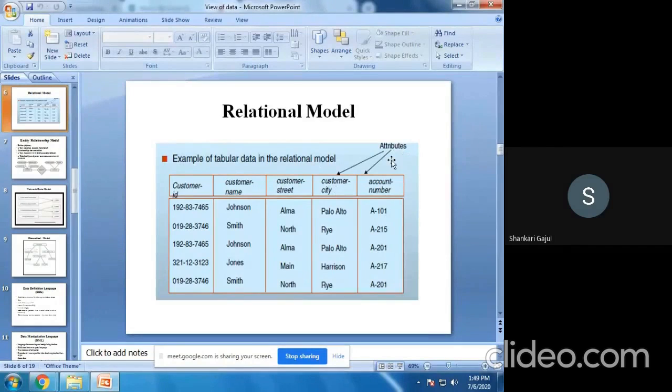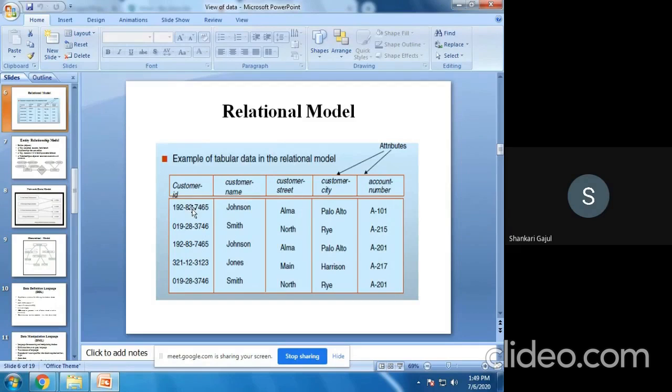Basically the relational model is a collection of data in tabular format. The table consists of record names, which we call attributes. So it is a collection of columns and a collection of rows. Rows are the actual records we enter into the database.